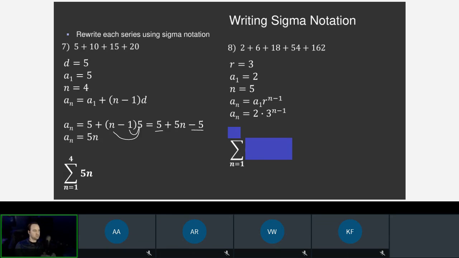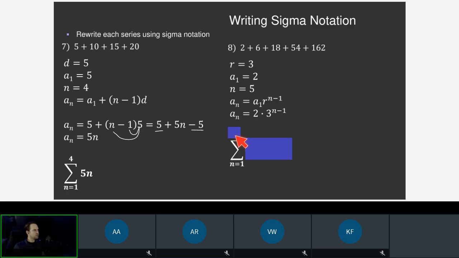Because the bases do not match, I can't do anything. So review your exponent rules. But that's the reason why we can't do anything else to make it simpler. We are done. It is in simplified form already.